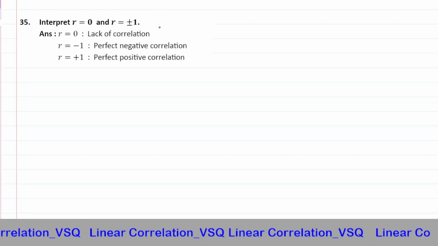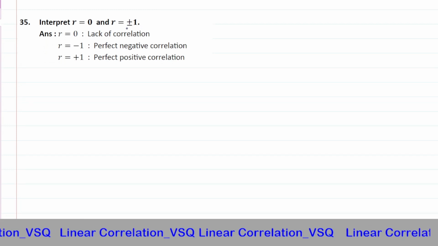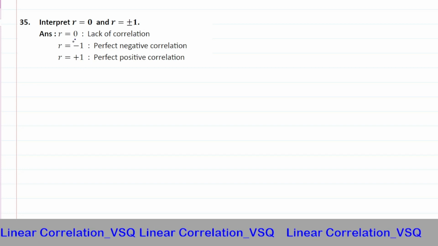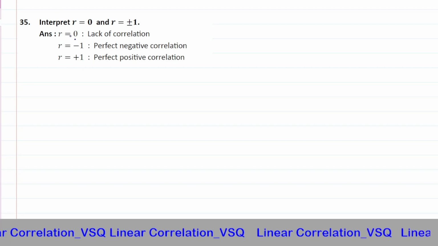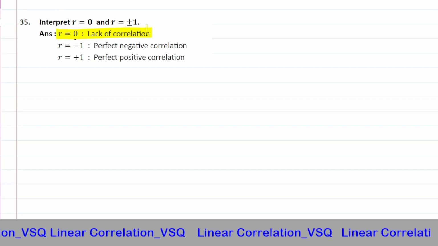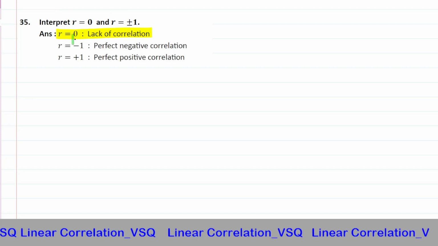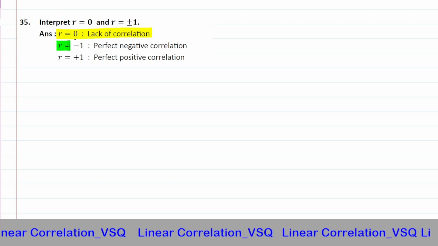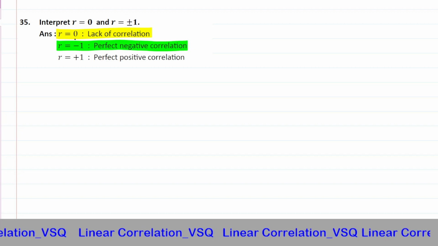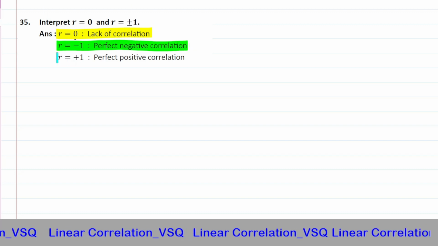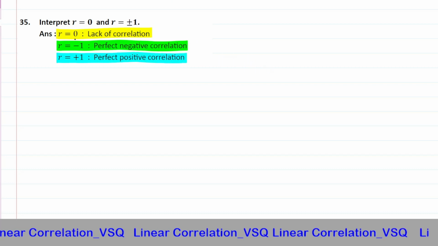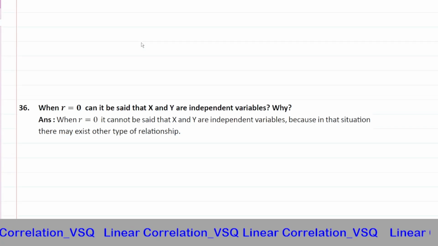Interpret R equal to 0 and R equal to plus or minus 1. Okay, see, R equal to 0 means what? A lack of correlation, absence of correlation, or independence. Two variables are said to be independent. If r equal to -1, then there is perfect negative correlation between x and y. And similarly, if r equal to +1, there is perfect positive correlation between x and y.